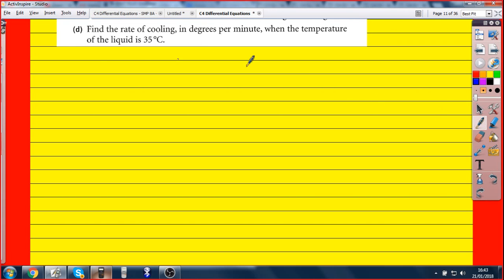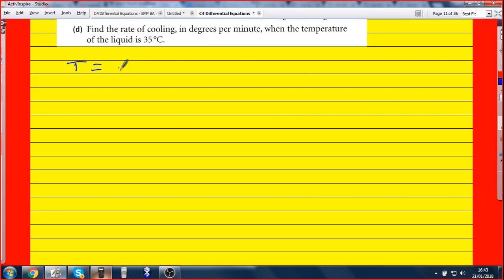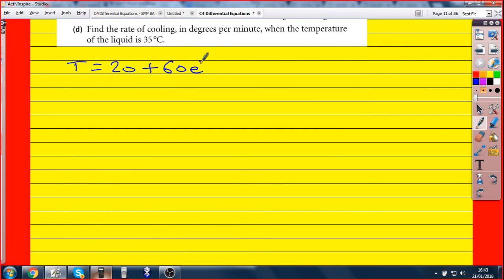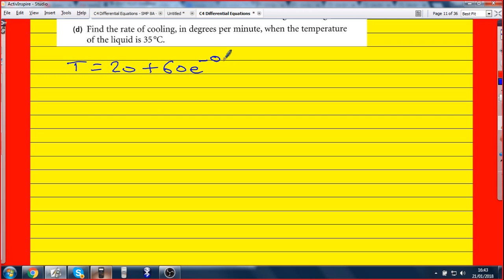And so it was T equals 20 plus 60 e to the, I think it was minus, was it minus? Yeah. Minus, and b was 0.139 t, and so we're finding dT by dt.